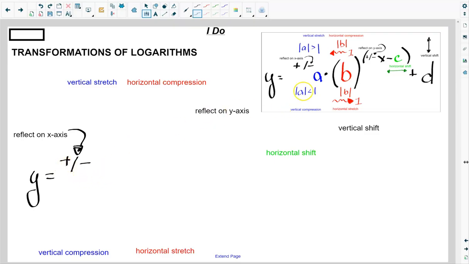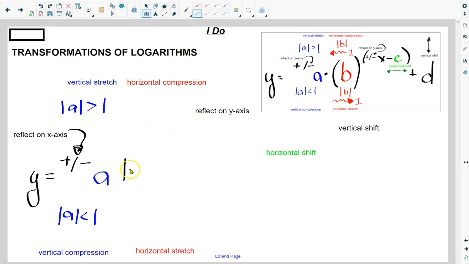Next up, here in blue, we've got a, and a still works the way it has always worked. If you just look at the value, disregard the sign. If the numerical value is bigger than 1, you're going to get a vertical stretch. If it's less than 1, you're going to get a vertical compression. Okay, pretty straightforward.